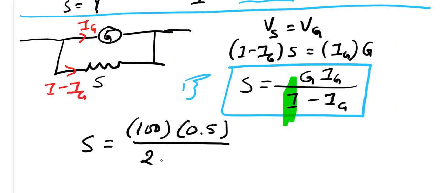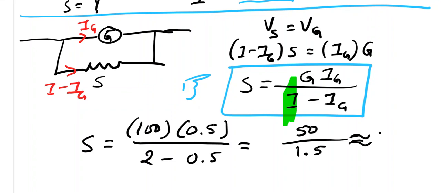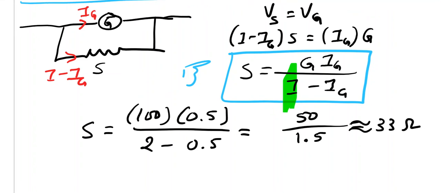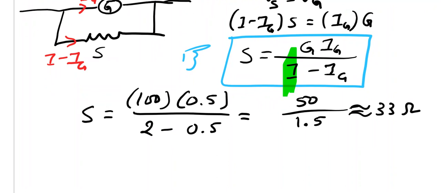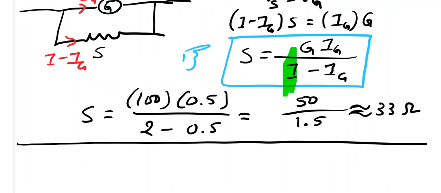I want to pass 2 ampere current minus 0.5. So 50 upon 1.5. So you can simplify this and find out how much shunt is required. Approximately it should be 33 ohm. So this is how you can find out which value of shunt is required.